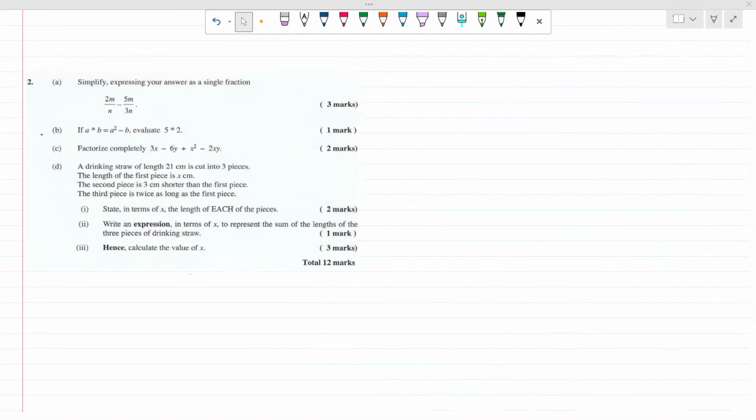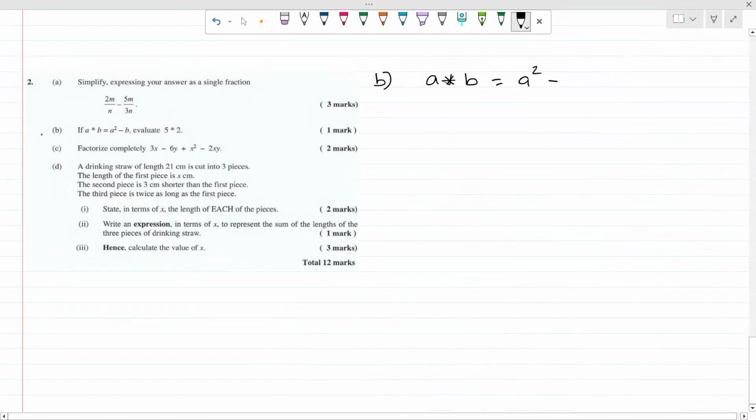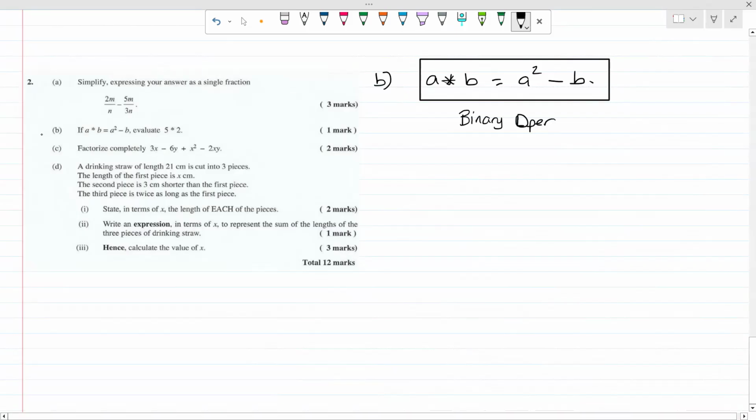Let's look at B. We have A star B is equal to A squared minus B. This is a rule, right? The name of this topic is called binary operations. And basically, we are defining a rule.